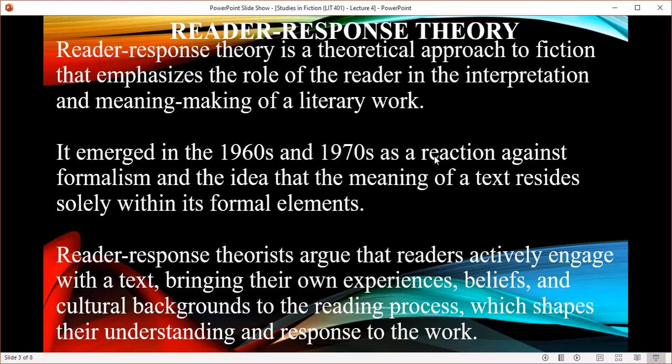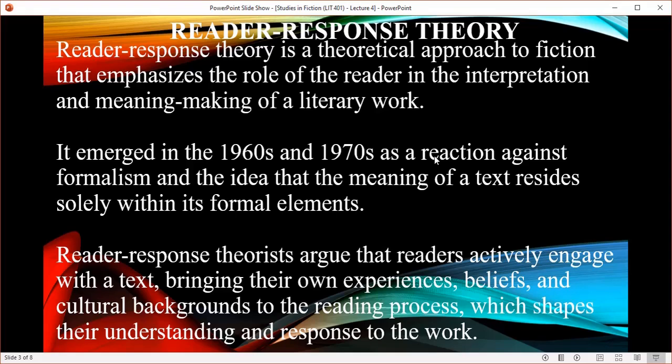but the reader. The reader has the power to give interpretations to what he has read based on his personal experience, based on what he has read before, based on what he knows, his beliefs, his cultural background.